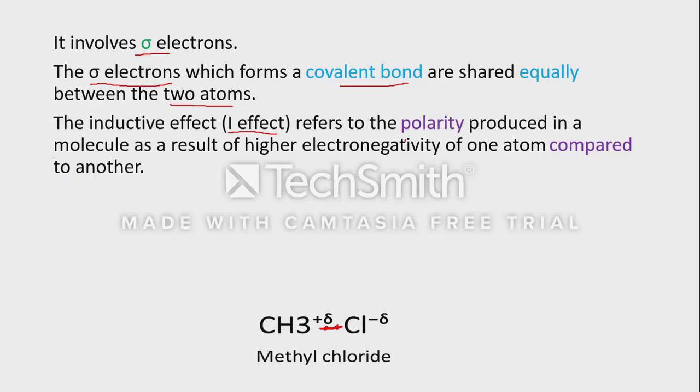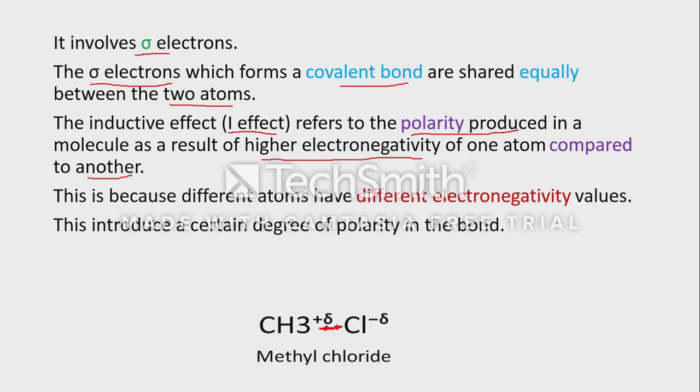It means the polarity is produced in the molecule because one of the atoms has higher electronegativity than the other. The requirement is that the compound or molecule contains one atom or group that is more electronegative than the other. Then the inductive effect happens.